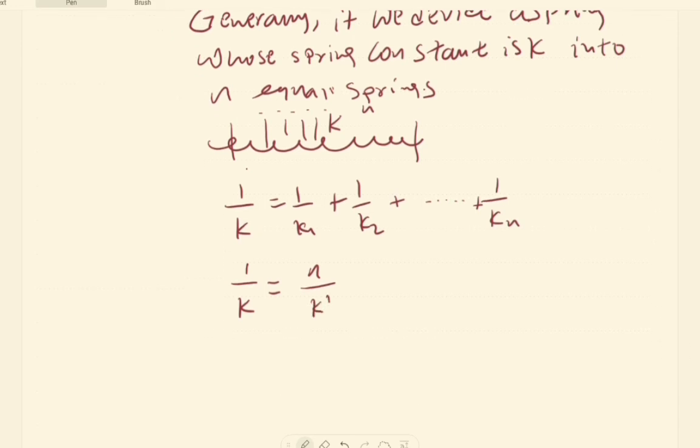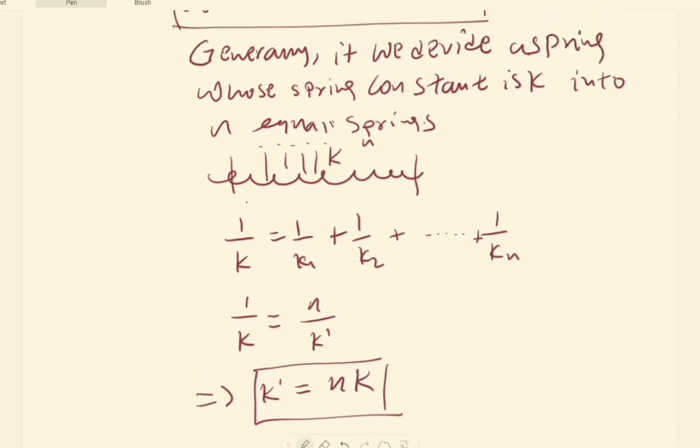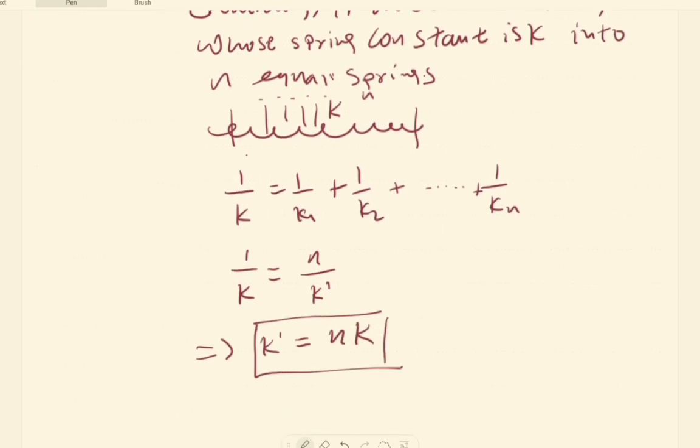So k prime would be the spring constant of the individual springs. This implies the spring constant of an individual spring would be n times the original spring constant. So this is the general case. In the specific case we saw previously, if we divide into 3, n would be 3.